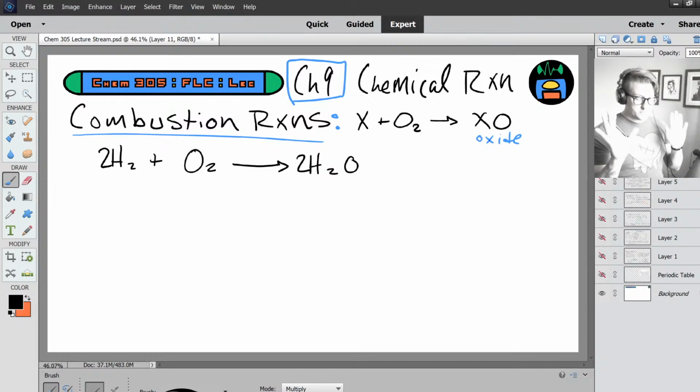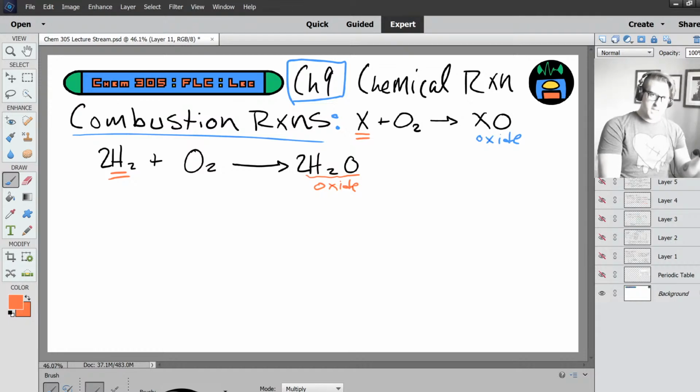And so in this reaction, you can see that again, you start with some substance and you make an oxide. Now, we're not used to thinking of water as being an oxide, but if you were to name this thing, it would be dihydrogen monoxide, right? It's the hydrogen oxide product.